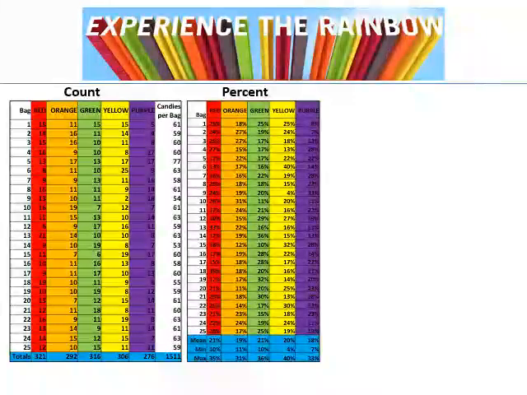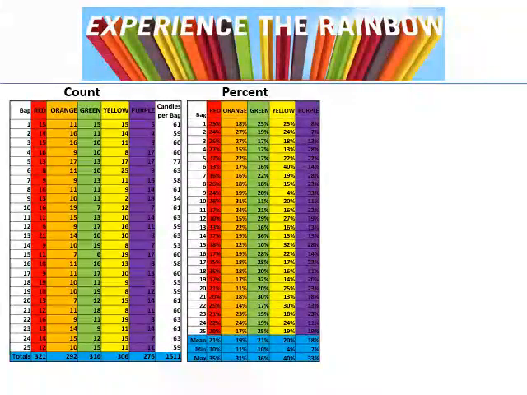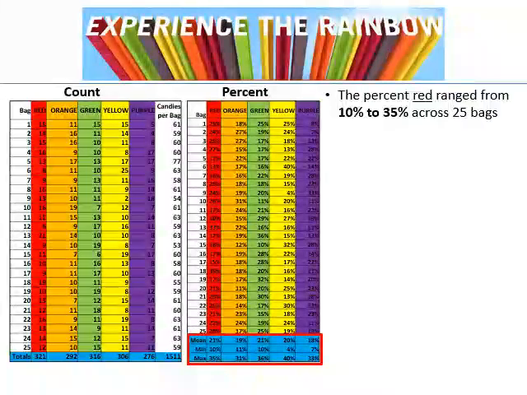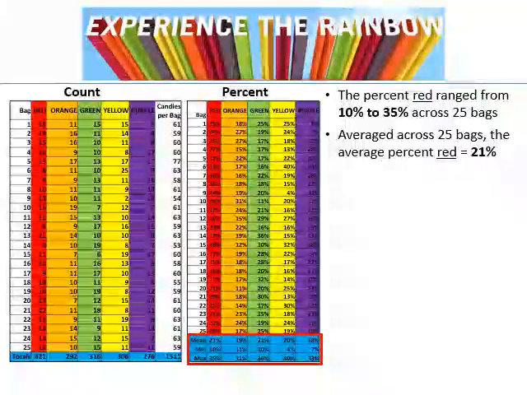So there's a lot of sample to sample variability, but overall there is some overall parameter that is 20% of each color that's in each bag in reality. So the percent red ranged from 10 to 35. Averaged across the 25 bags though, the percent was about 21%, bottom blue.